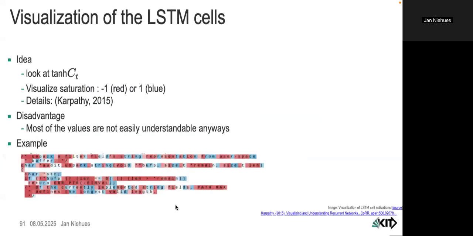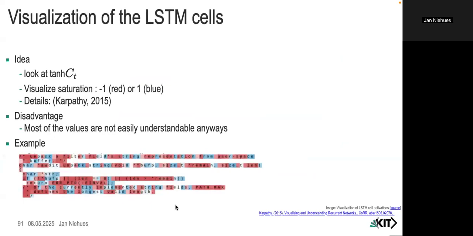Yes, this is the last part, and we want to look a bit at it. It's always very difficult to inspect what the networks really learn, but there is some work trying to get an idea of what these networks learn. What this work does is look at the tanh of CT, your current cell state. The cell state is also a multi-dimensional vector.